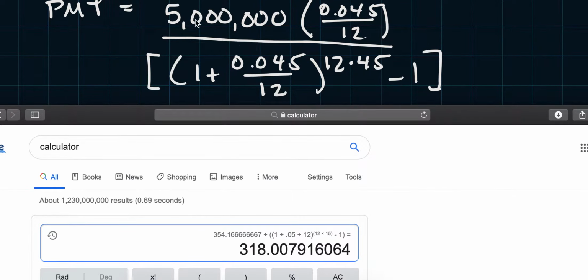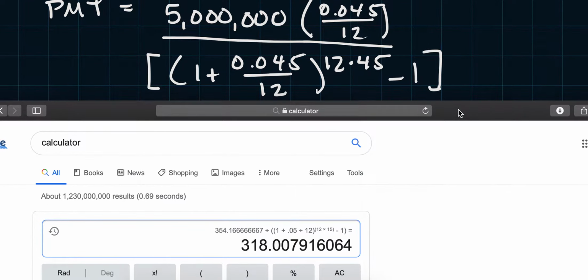How I like to do this is I like to put the top first, just so I can break it into pieces. So 5 million times 0.045 divided by 12. Hit enter. Divide by 2 parentheses, 1 plus 0.045 divided by 12.